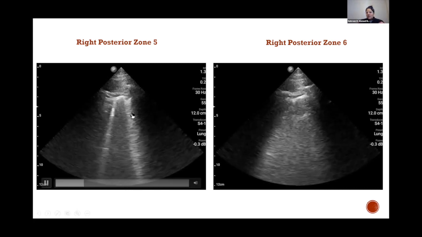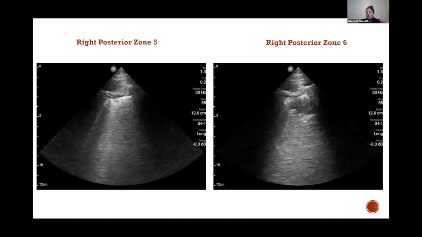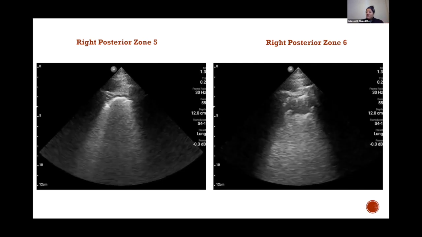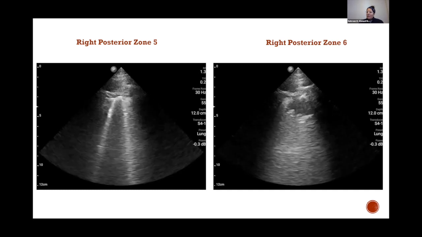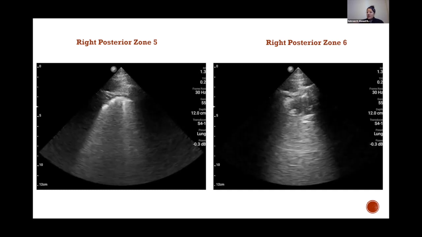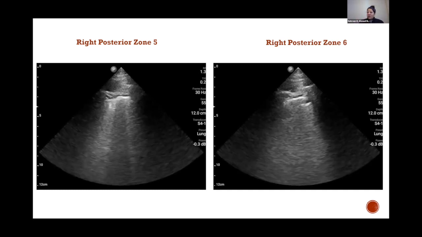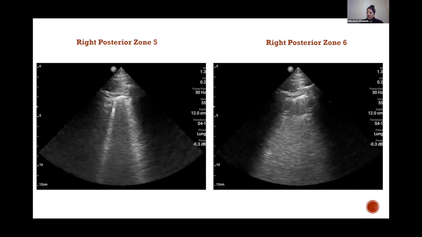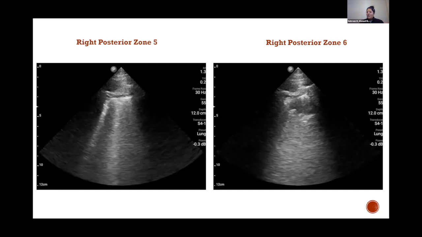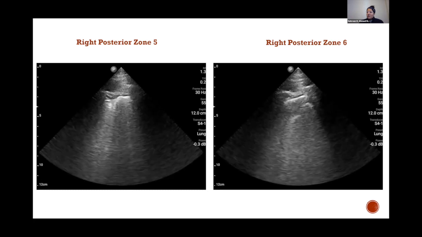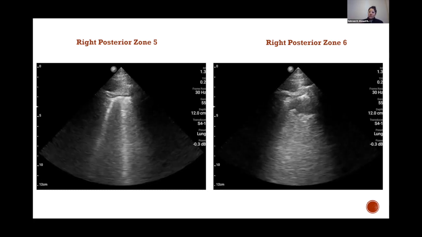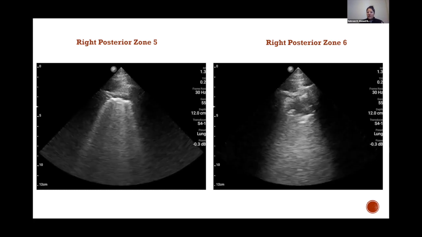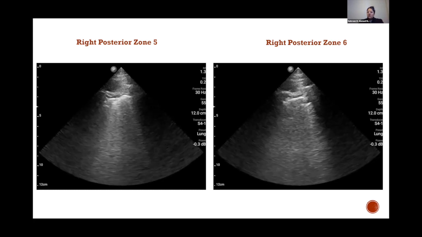So the main thing here is knowing that B lines with a jagged pleural line is what you typically see with COVID and those ground glass opacities, versus in pulmonary edema, where you have a nice thin straight pleural line with B lines, and you see those B lines symmetrically everywhere. Whereas in COVID, you might be seeing those B lines asymmetrically. So maybe you see it in zone 5, zone 3, zone 2, kind of scattered all over, but not necessarily in every single zone.